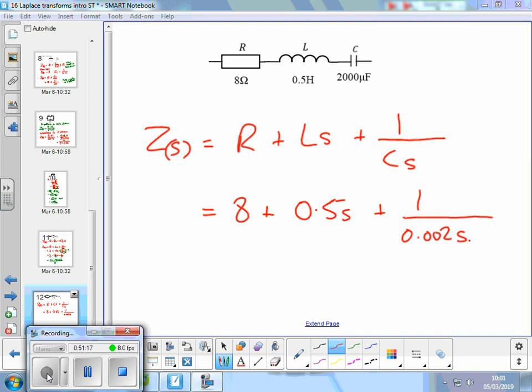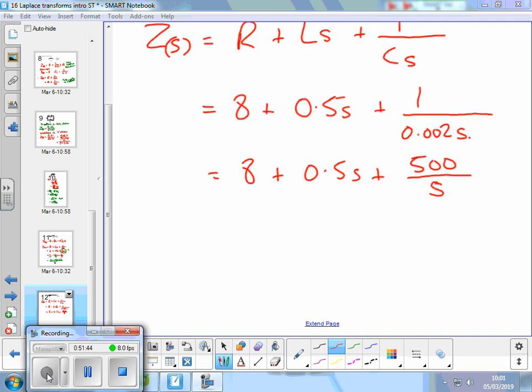So can I make that S on its own? So it becomes 8 plus 0.5 S plus 500 over S. And now we can do our common denominator thing.